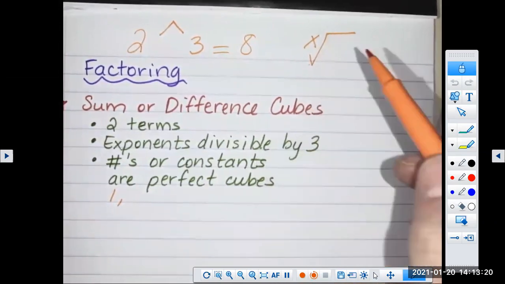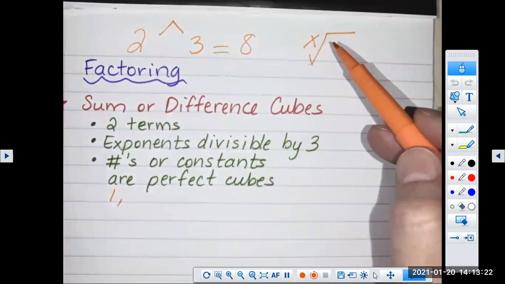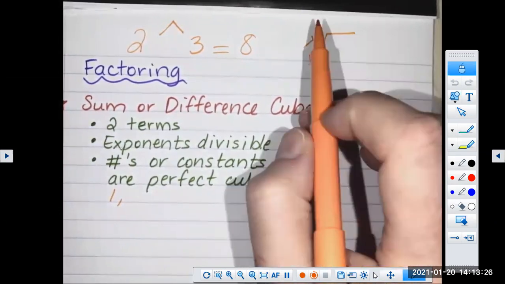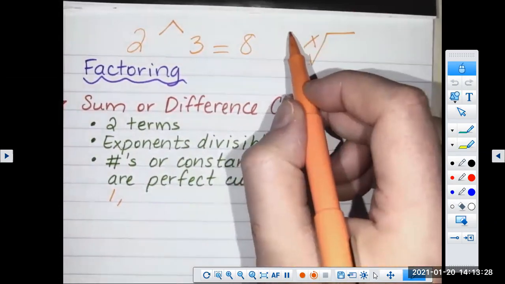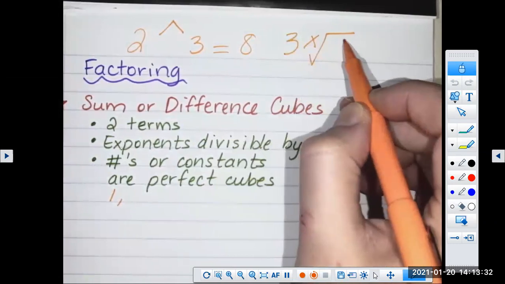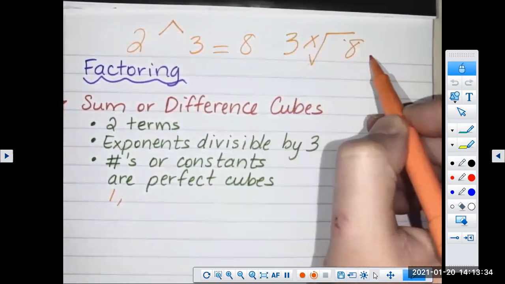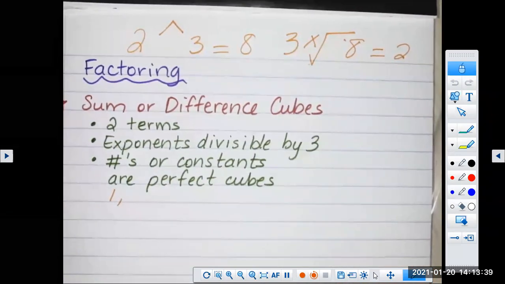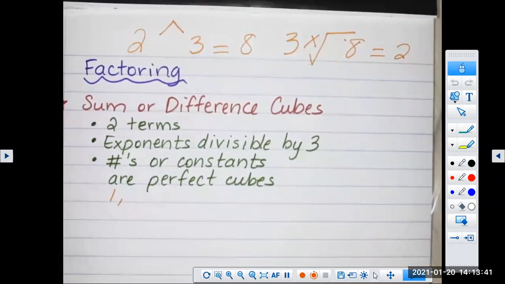So you can take the 4th root of a number, square root, 5th root, 6th root, any root you want. If you want to take the cube root, you're going to type in 3 first, cube root, and then hit 8, hit equal, and it should give you 2. Tell me what the cube root of 125 is.